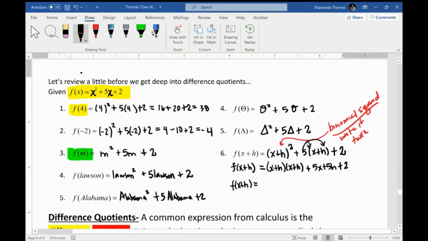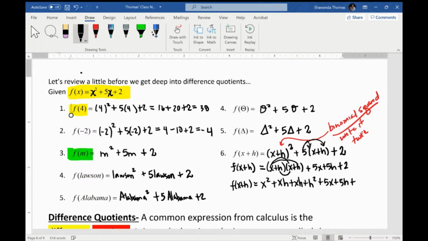All right, so x times x, x squared, x times h is xh. h times x is another xh. Not really sure why we write x first and then h, you guys, but that's how we do it for some reason. Plus h squared plus 5x plus 5h plus 2.